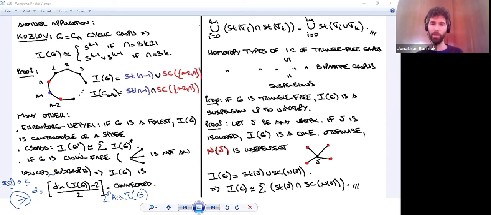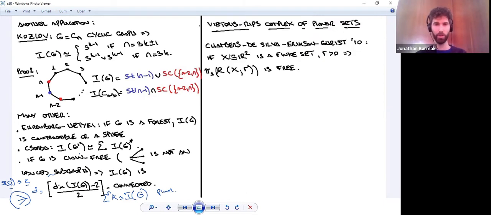Okay, there is some iterated suspension of K which is homotopy equivalent to this, where G is planar. Okay, so this is a different flavor of the result that we can prove. Okay, so these are just some applications, but probably today we are more interested in applications about Vietoris-Rips complexes.